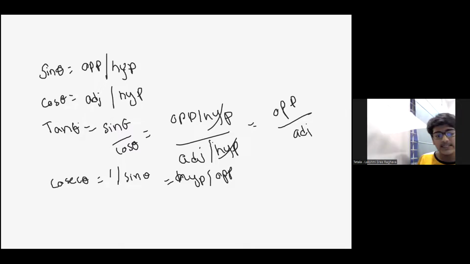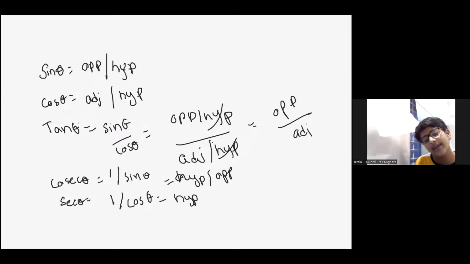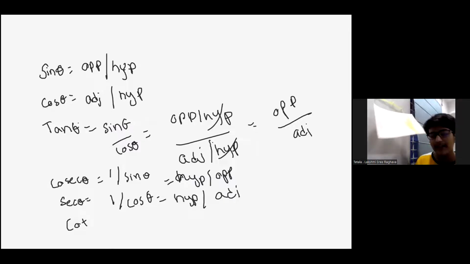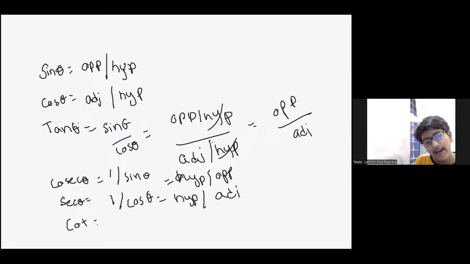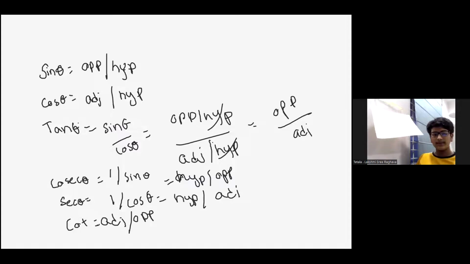Then the secant value is 1 by cos theta, which is hypotenuse by adjacent. Cot theta is equal to 1 by tan theta. So 1 by tan theta means adjacent will come up and opposite will go down, so adjacent by opposite. So simple.